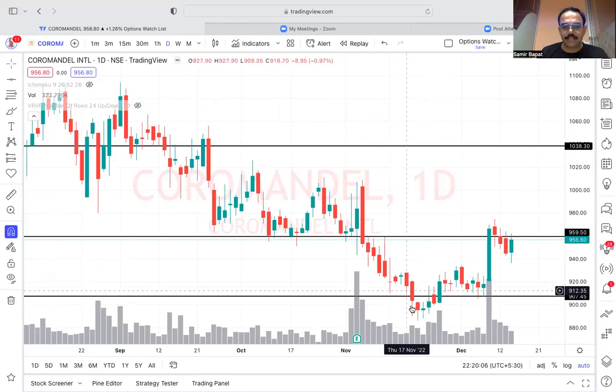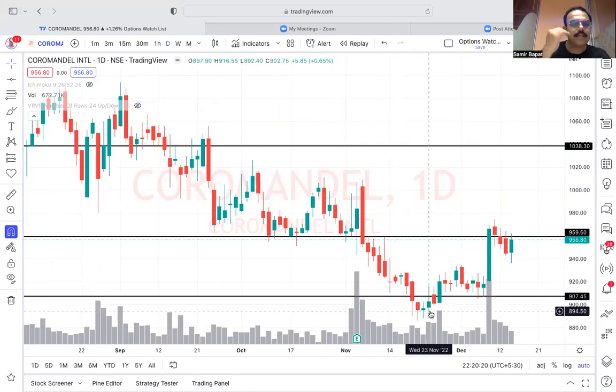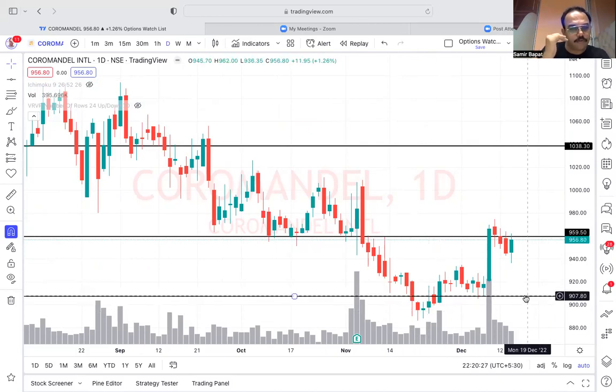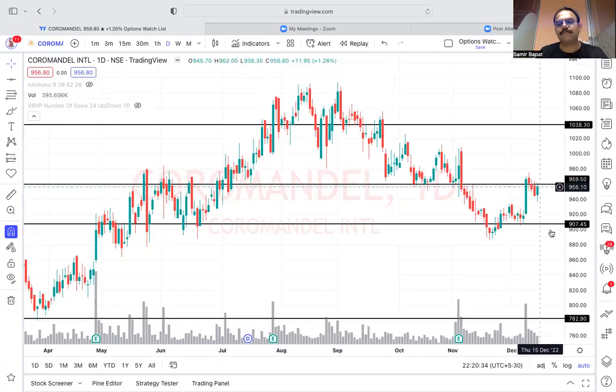Once you start seeing the Harami pattern, and if you have attended my session on candlesticks, you will find that if the lower wicks start becoming longer and longer, that means it is taking support there. So that will give you confidence. When it comes here, wait for it to form longer wicks. If it is forming a longer wick, then you can take the trade if you have confidence. Otherwise, wait for it to come here.